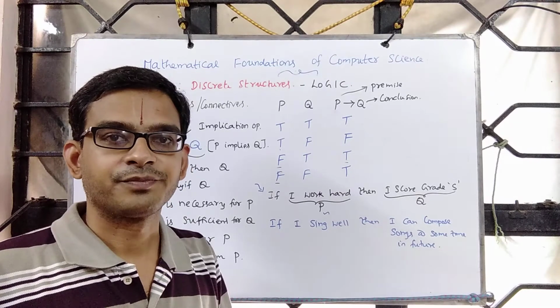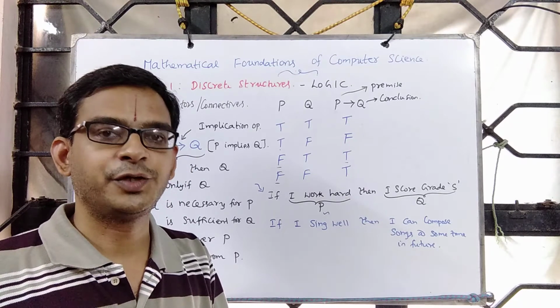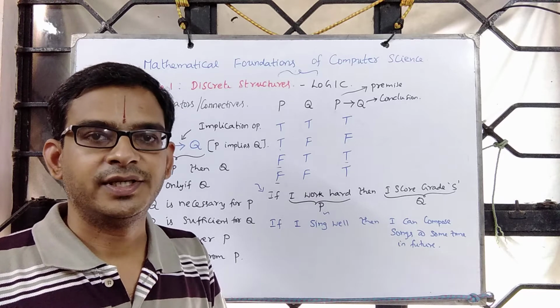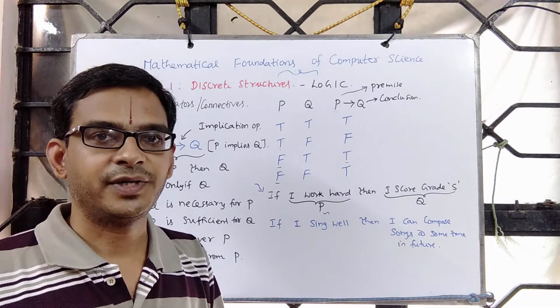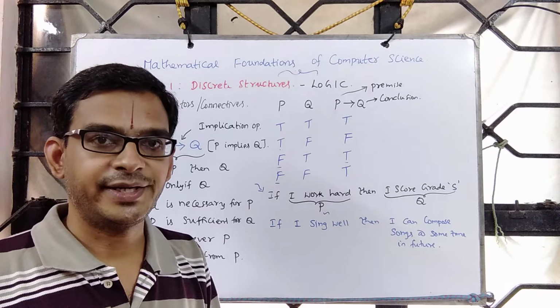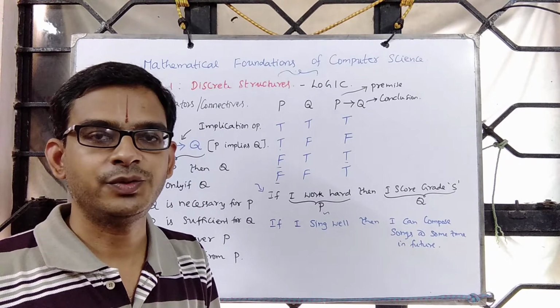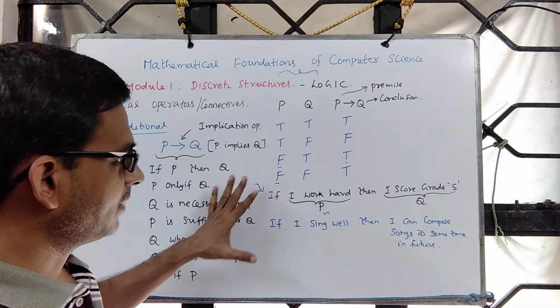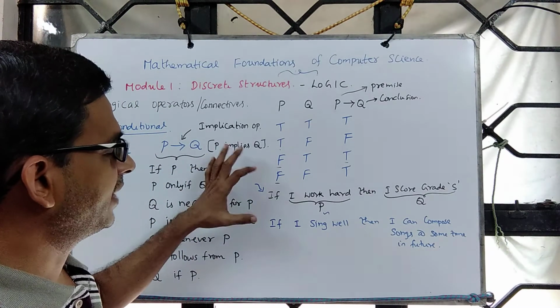If P, then you ask, is Q happening or not happening? If it happens, then it is true. If it does not happen, the truth value associated with the expression P implies Q is false. That's the interesting part of implication.